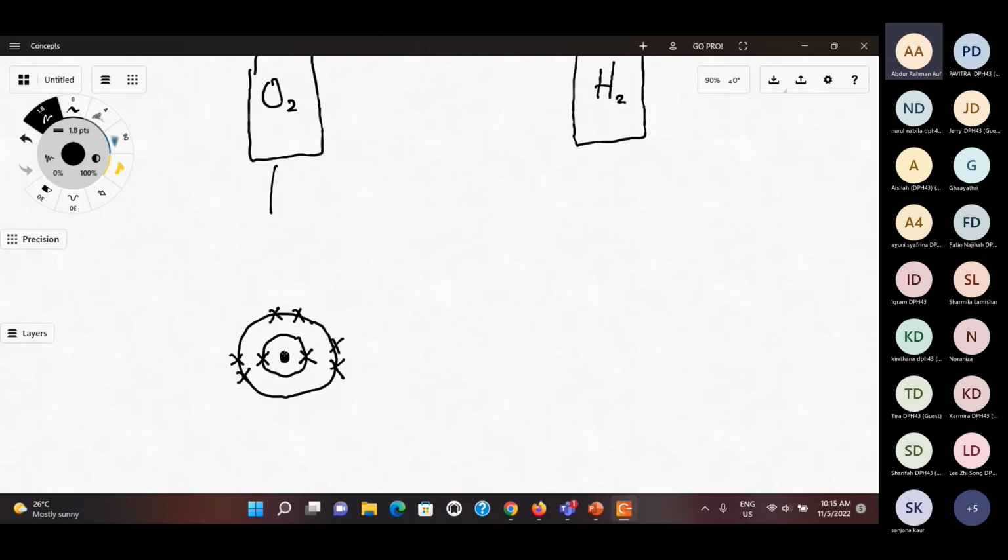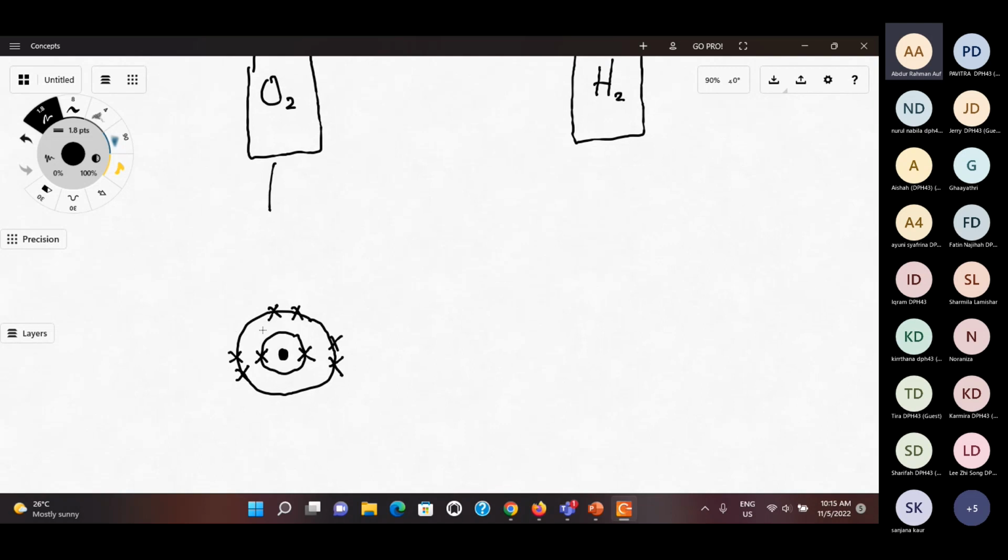And from thousands and thousands of experiments, kita dapati sesuatu atom tu dia akan jadi stabil bila dia punya orbital ni cukup 8 elektron. This is from observational experiments. Okay, this is what we call octet rule.